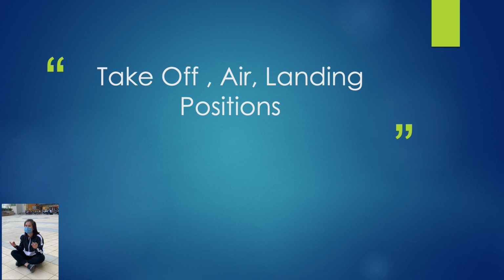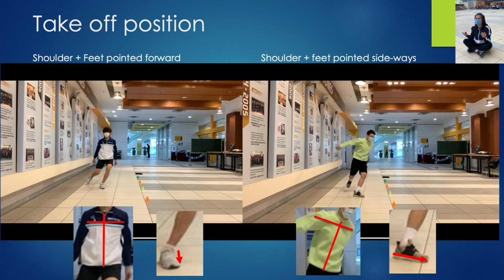Now, we are going to analyze the two postures made by Wayne and Cash in the off-ice axel jump while taking off, in the air, and landing. Firstly, let us begin with the takeoff position. Comparing the two pictures taken from the front angle, we can see that Cash's takeoff is different from Wayne's.